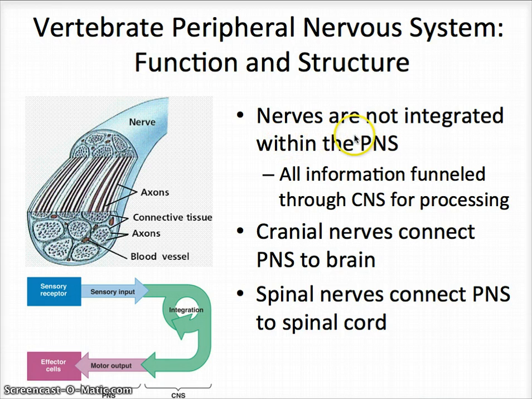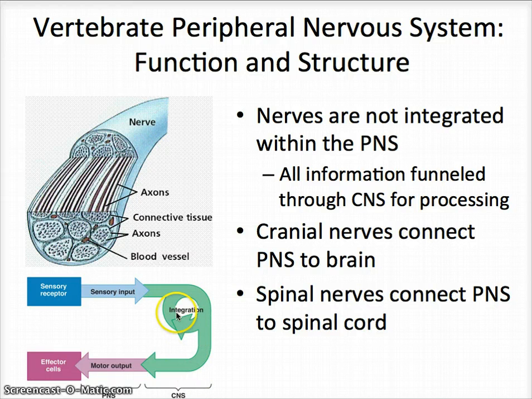So the major difference between the central nervous system and the peripheral nervous system is that in this case the nerves are not integrated. What that means is that there are no interneurons in the peripheral nervous system, which you can see in this diagram here, because the peripheral nervous system includes only the sensory input from the sensory neurons and the motor input from the motor neurons, or the afferent and efferent neurons.